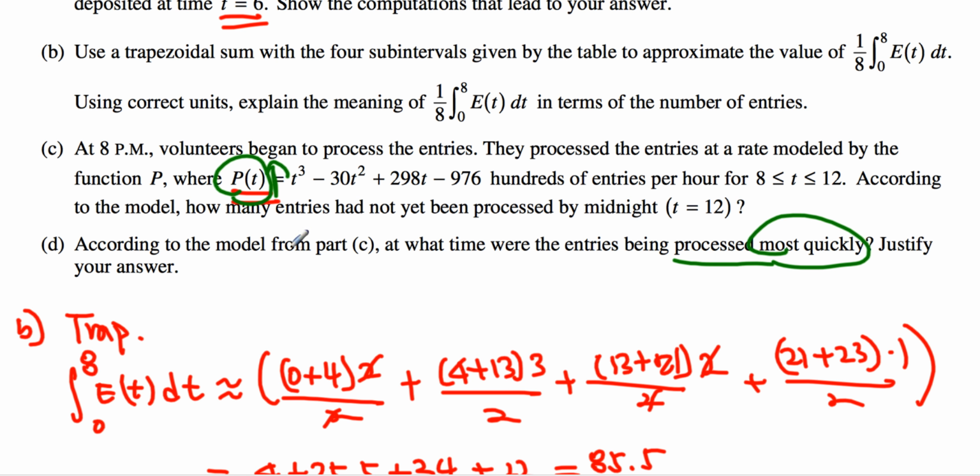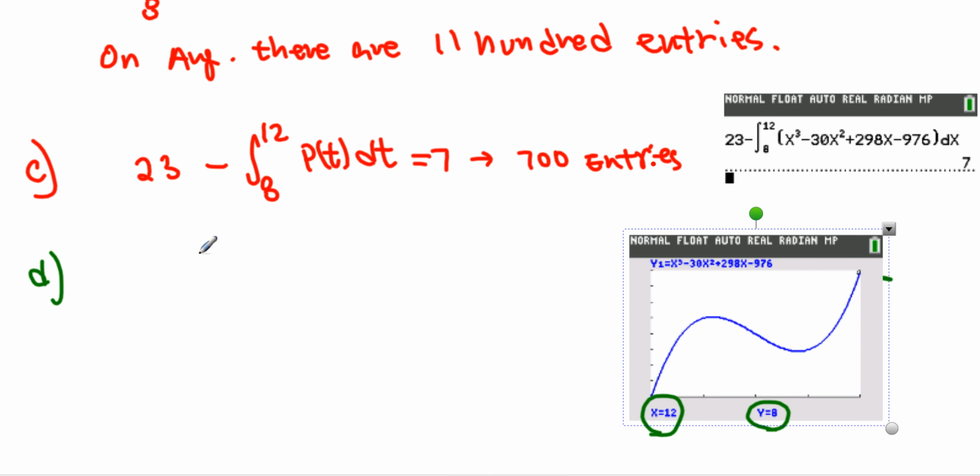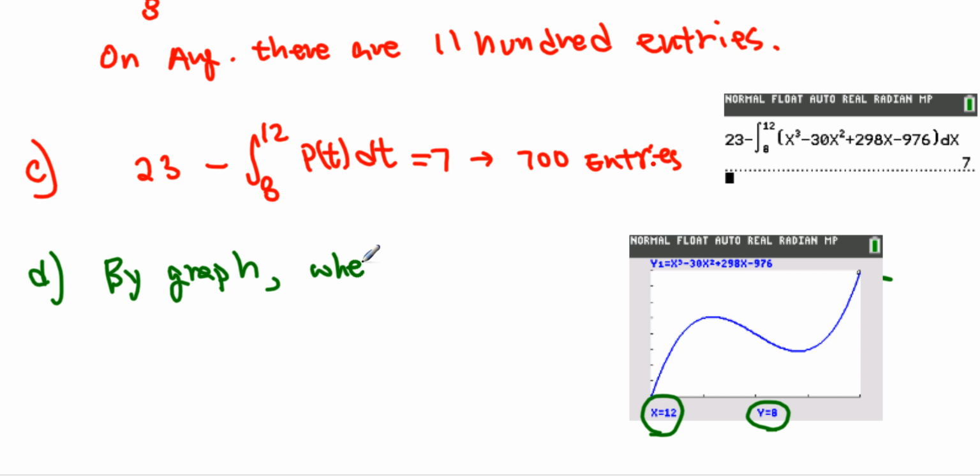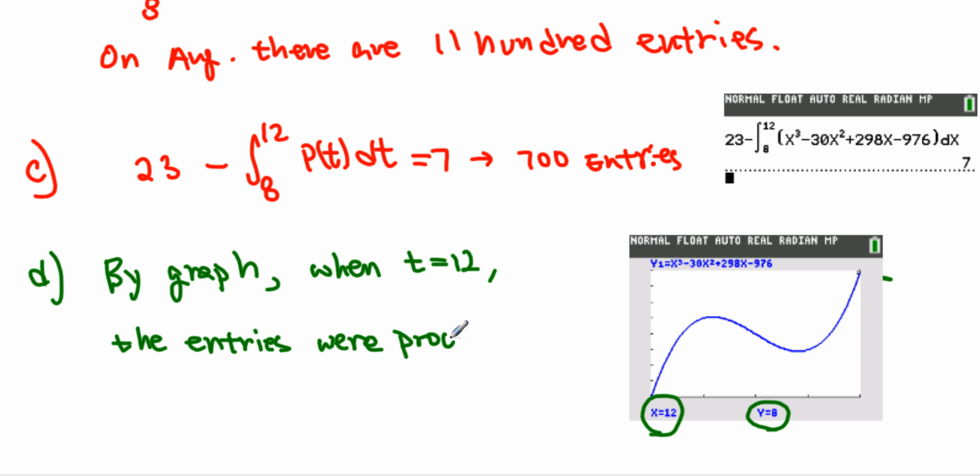Based upon the question, at what time most quickly? By the graph, we see that when x was equal to 12, or t is equal to 12, I should say, the entries were processed most quickly.